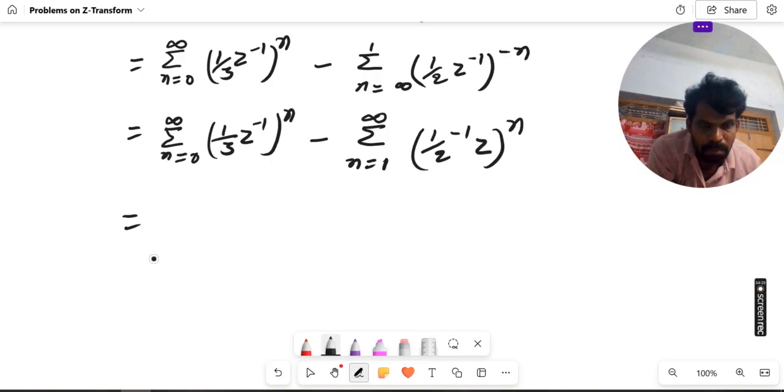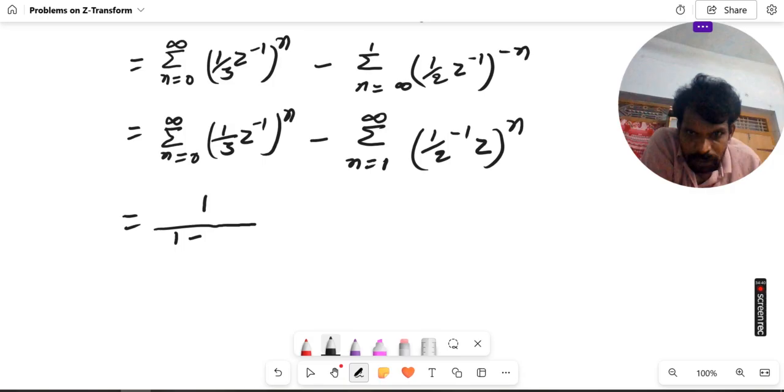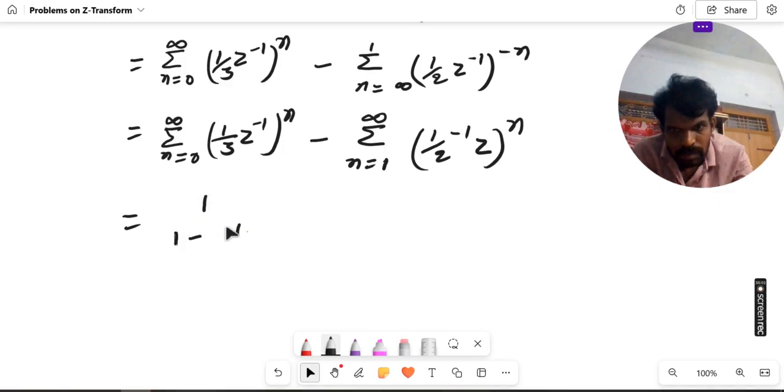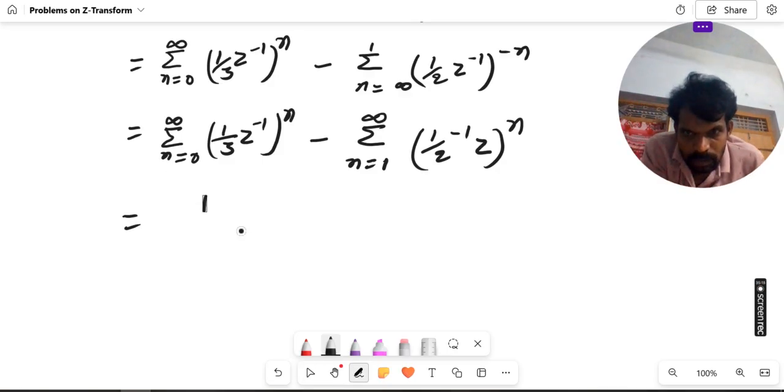We are going to write it as 1 by 1 minus alpha, that is 1 by 1 minus 1 by 3 z inverse.